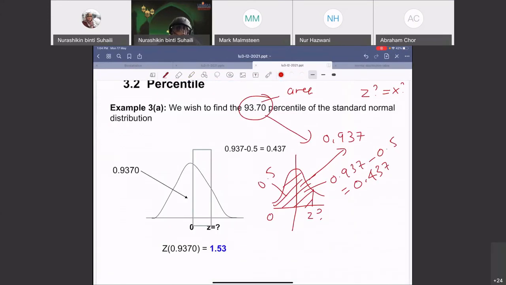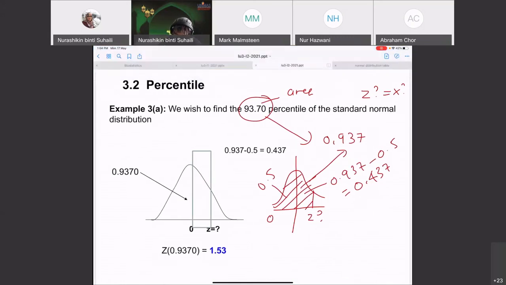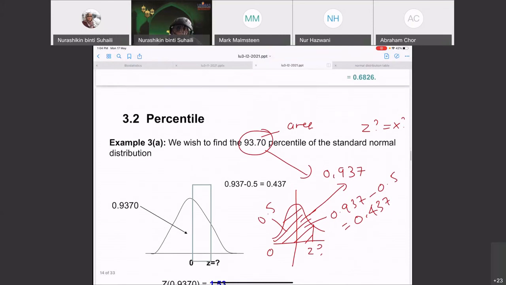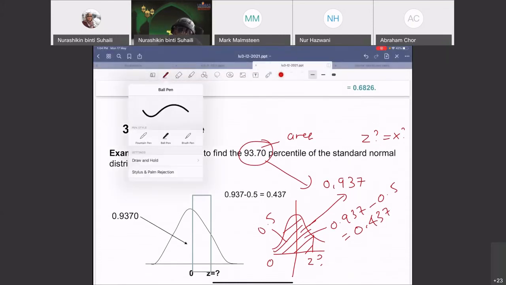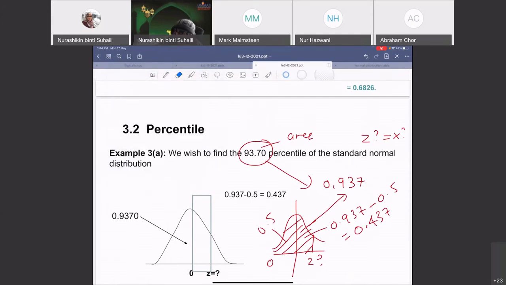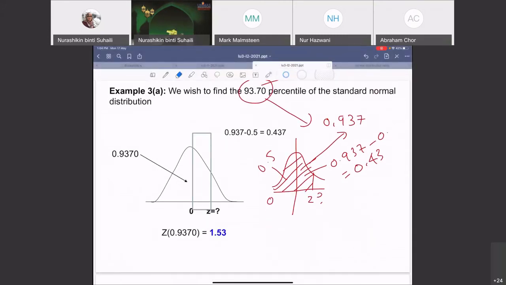Okay, so this is the value. The Z here is 1.53.